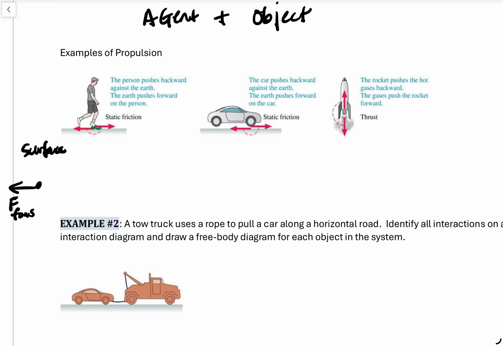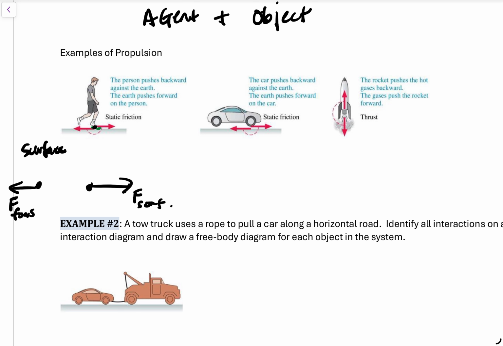We're going to call this a static force again, because that foot is not slipping. If the foot was slipping relative to the surface, that would be kinetic friction, but it's not. So at that exact point, this is a static friction. This is the force of the surface on the foot.